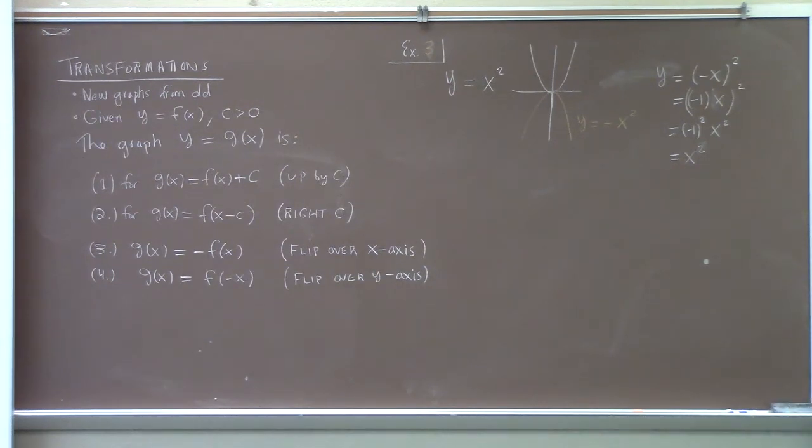So if I was to graph g of x as f of minus x on my current example 3, what does it look like? It's already there, right? What does that tell you about this function, f of x equals x squared?